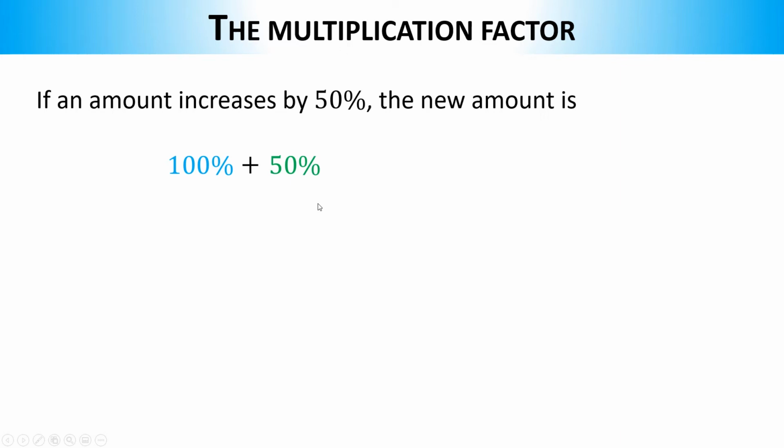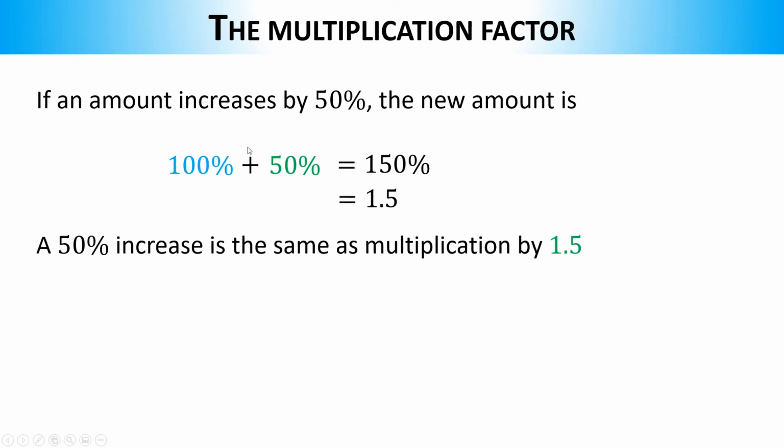That means that our new amount is 150% of the old amount. And we can write 150% as a decimal number, moving the decimal point 2 places to the left and get 1.5. This means that increasing something by 50% is the same as taking 1.5 times the original number. A 50% increase is the same as multiplication by 1.5.